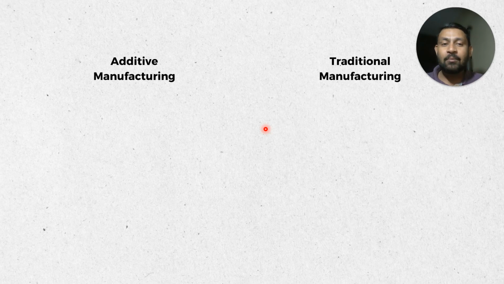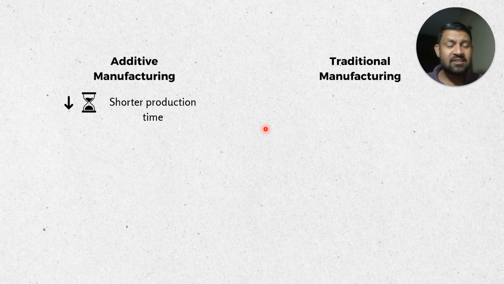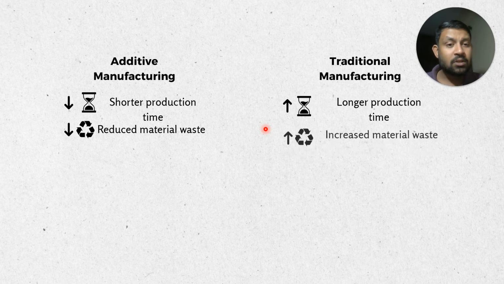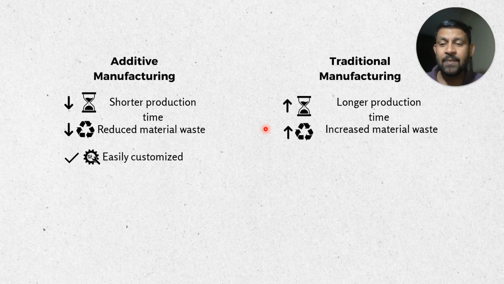Now, since we have understood about additive and traditional manufacturing processes, let's just plot down the comparison. How do they compare when it comes to a few of these entities, like production time? Additive manufacturing usually has less production time as compared to the traditional manufacturing process. Material wastage is definitely less in additive manufacturing, again, as compared to the traditional manufacturing process.